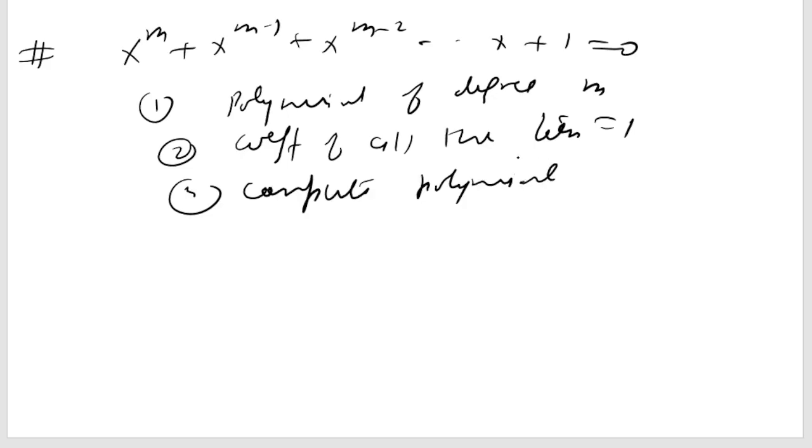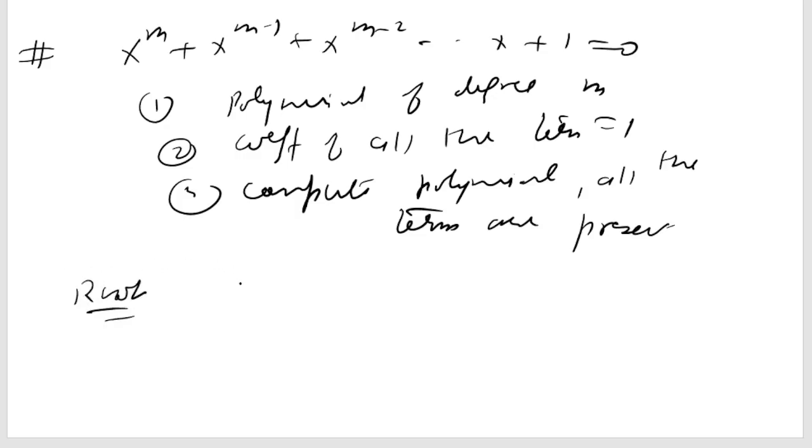Complete polynomial means all the terms are present. Then what are the roots? Roots will be alpha, alpha square up to alpha to the power m, and what is alpha? e to the power i 2 pi upon m plus 1. Got it? m plus 1. It's a degree m polynomial, so m plus 1. That is the thing.